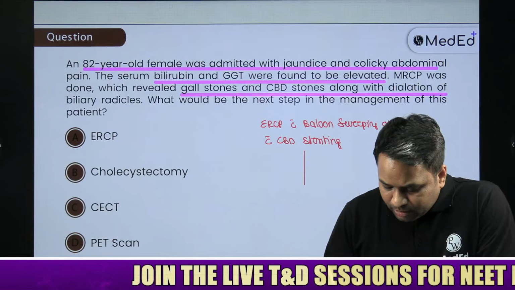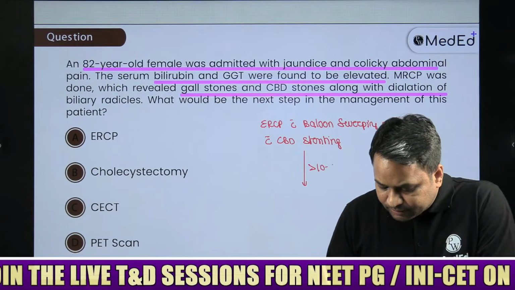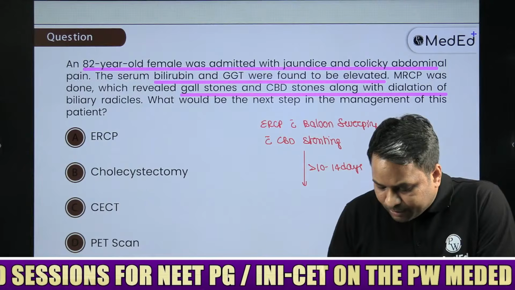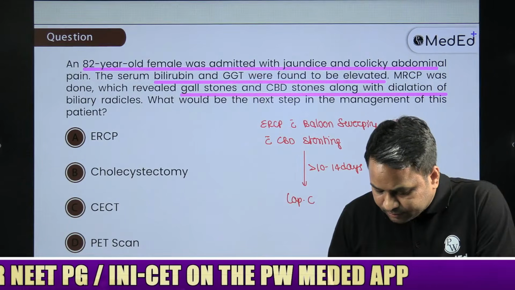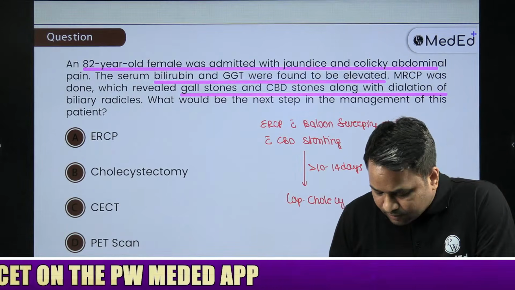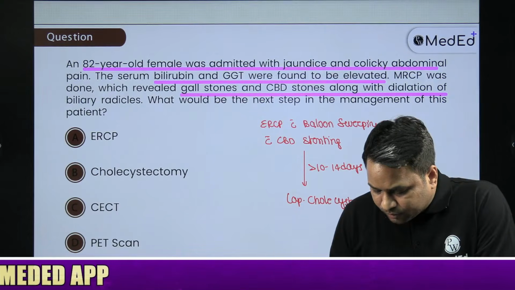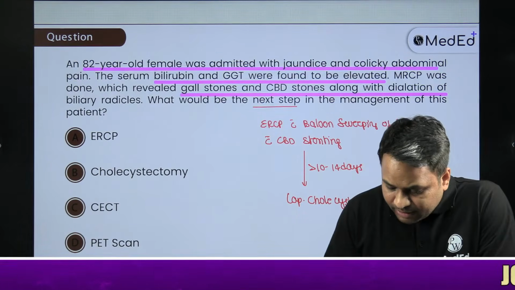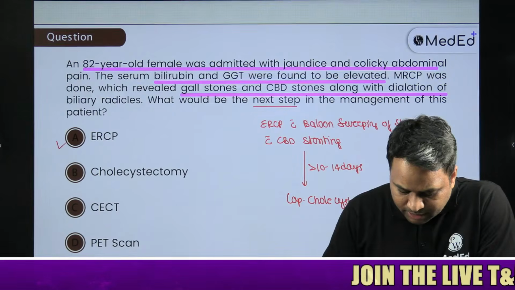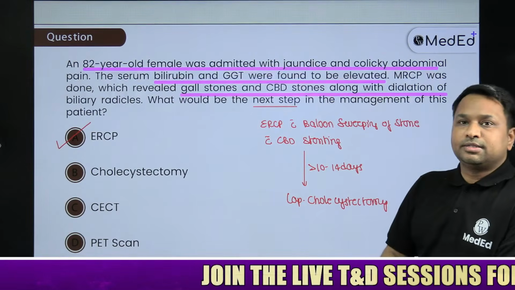Then I'll usually call the patient after 10 to 14 days to do laparoscopic cholecystectomy. This is the plan that we're going to follow. They're asking the next immediate step, then the answer is going to be ERCP.